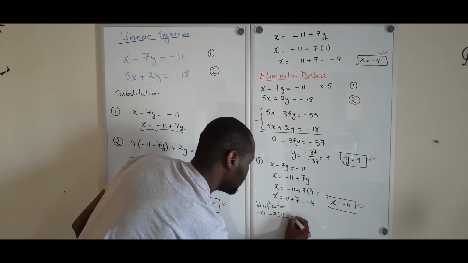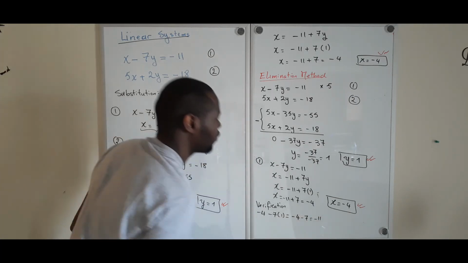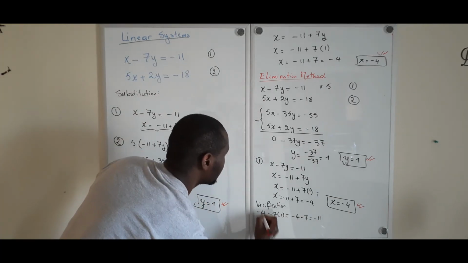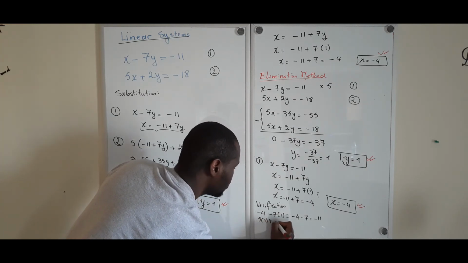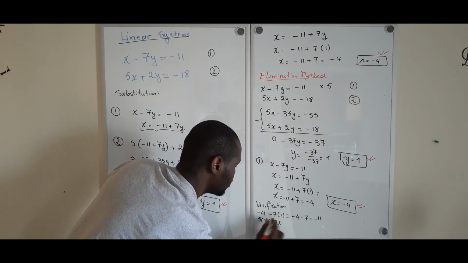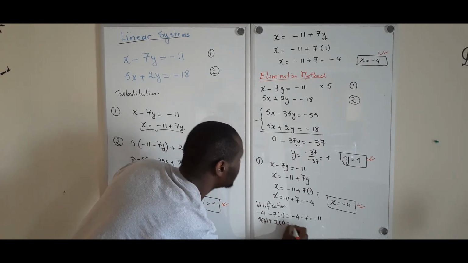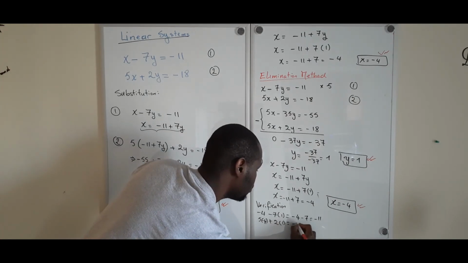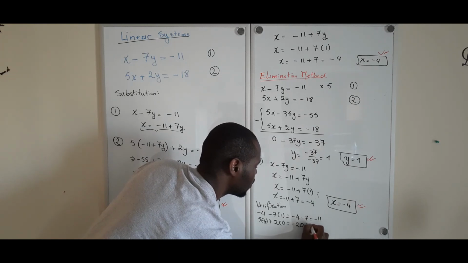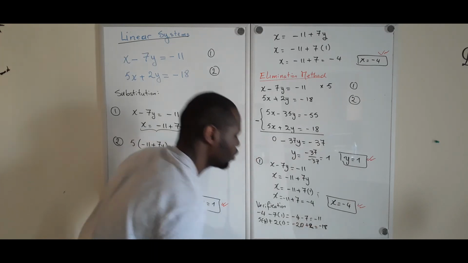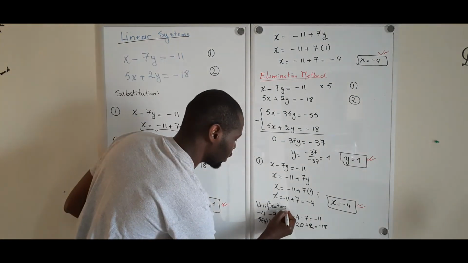So negative 4 minus 7 is indeed negative 11. Let's do that on the second equation. 5 times x, which is negative 4, plus 2 times y, which is 1. This will be negative 20 plus 2, which is indeed negative 18. So it's good to verify and make sure everything is working and there are no mistakes.